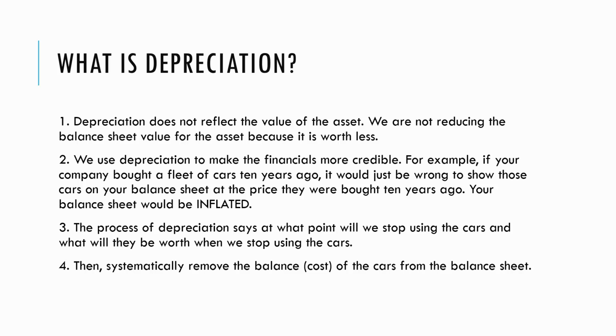So this process of depreciation, you have to determine how long you think you're going to use the cars and what value the cars will have at the end. So there's a process to this. But basically depreciation, what you need to know for this class, is it's a way to systematically remove the cost of the assets from the balance sheet.